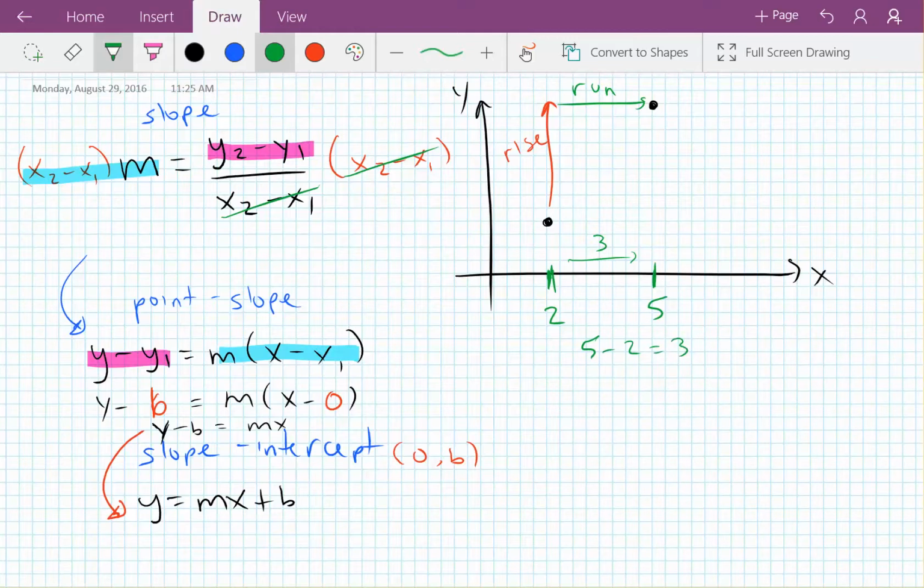Well, what does that look like here if I don't know that it's 5 minus 2? I know that this is x2, minus x1. That's my second x, that's my first x. By the way, that subscript 2 and 1, all that's referring to is the second point, the second x value, the second y value.